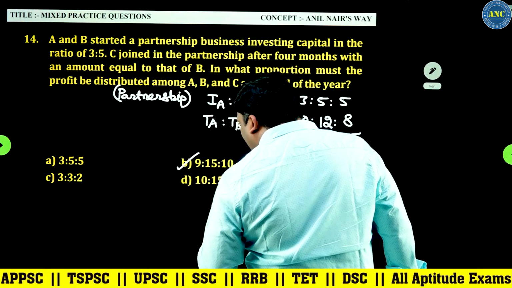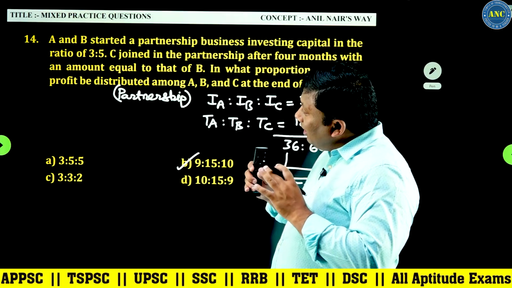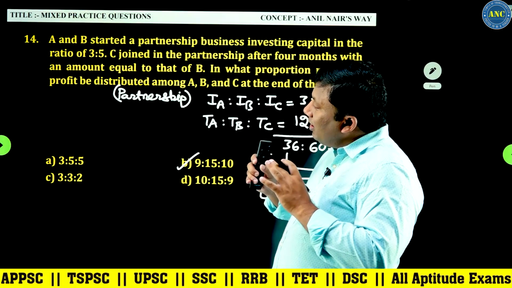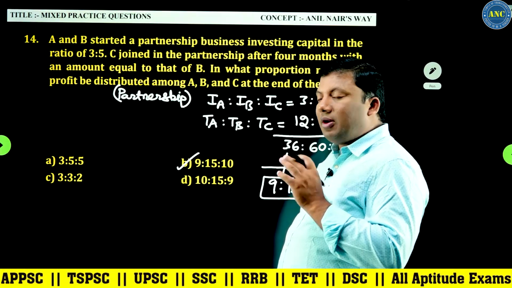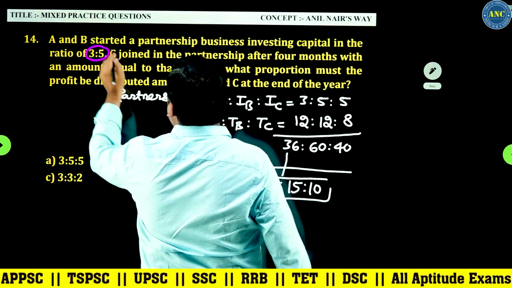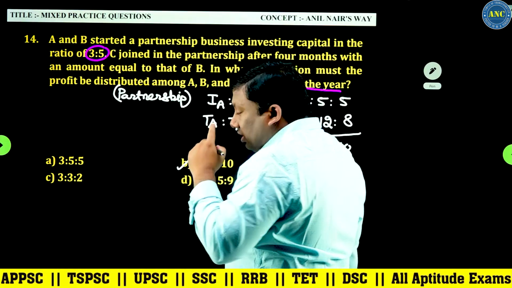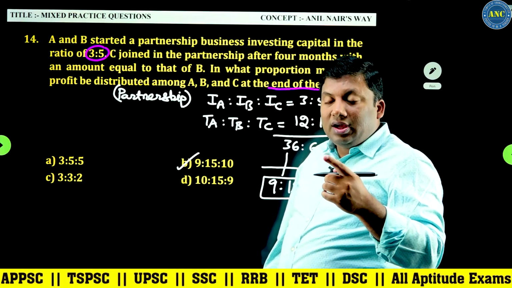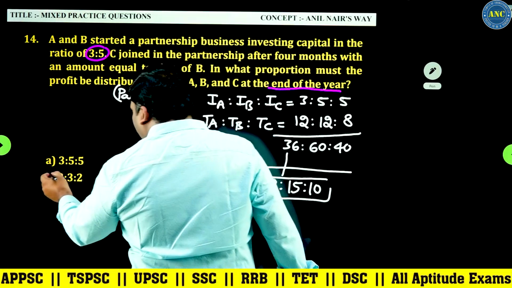Is there any smarter way to solve this question? Yes. A invested in the form of 3x. B invested in the form of 5x. A and B investments are in the ratio 3 is to 5. Both invested for the whole year. Since B invested more, B should get more profit.